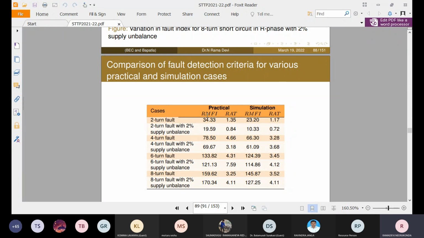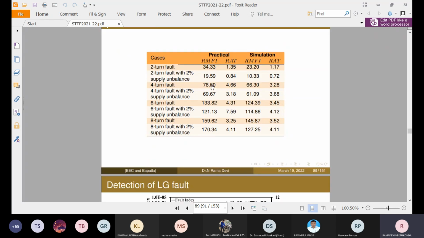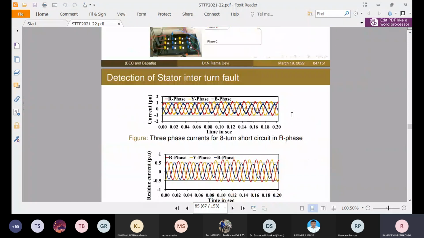With reference to the healthy value, the relative value of the fault index corresponding to the 2-turn fault is this. Similarly, we compute the relative value of the adaptive threshold with respect to the normal. Whatever adaptive threshold we get for the 8-turn fault is divided by the normal value.